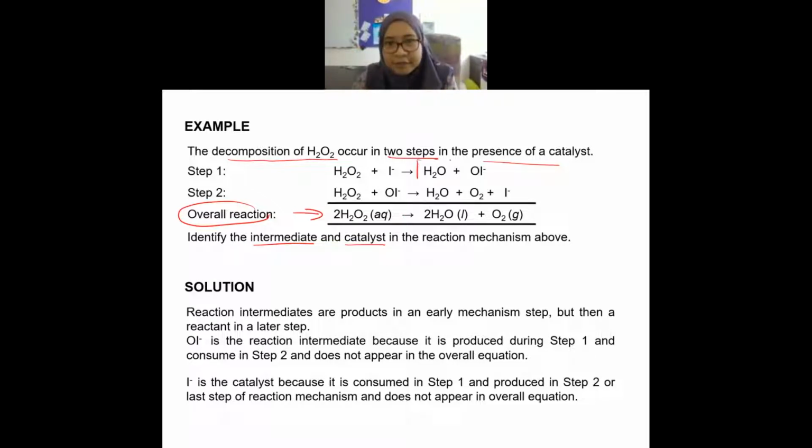So we need to check the product side first. Don't look at the reactant side, because it says product first and then becomes reactant. So which one can be cancelled out? This one. Not H2O. OI minus. Right? OI minus as a product and then we have it as a reactant. So this one can be cancelled out. So OI minus is the intermediate.